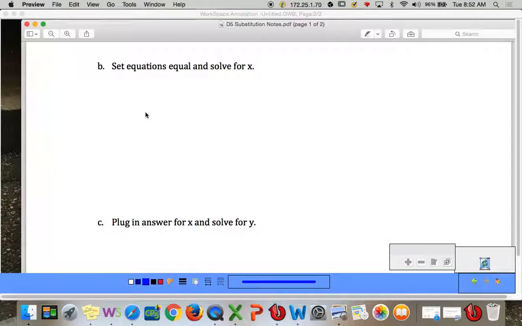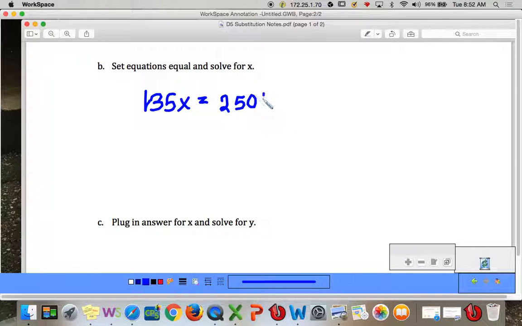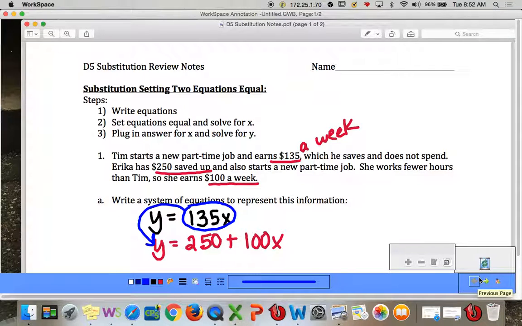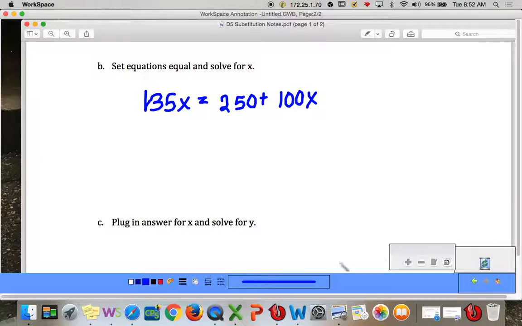So we have Tim's equation, the 135x, equals Erica's equation, which was the $250 plus her $100 per week. Let me double check here. Yep, okay, so next step, set them equal. Now we solve. Let's get x on one side. Let's get rid of this $100 x from the side.